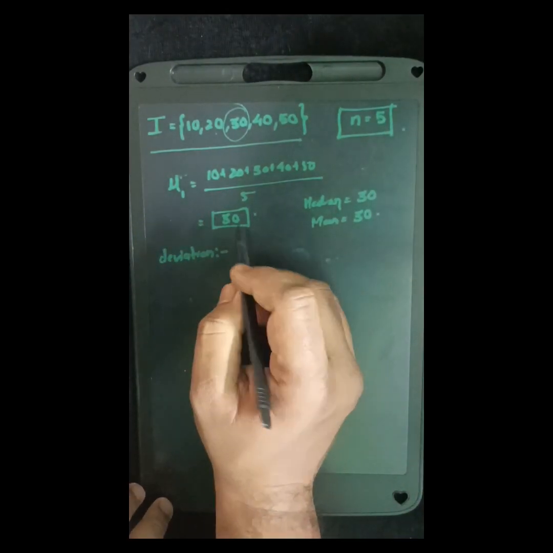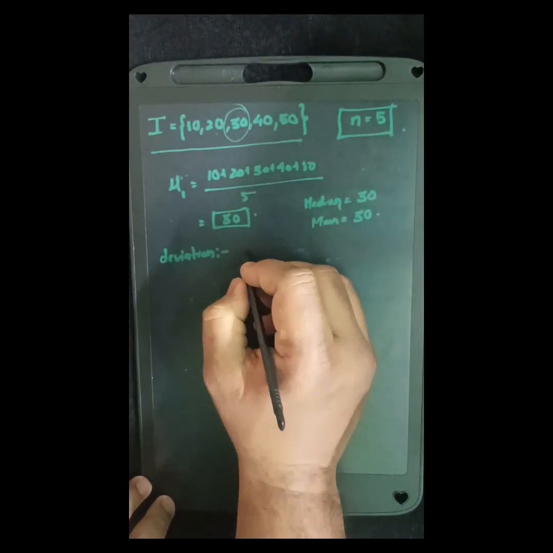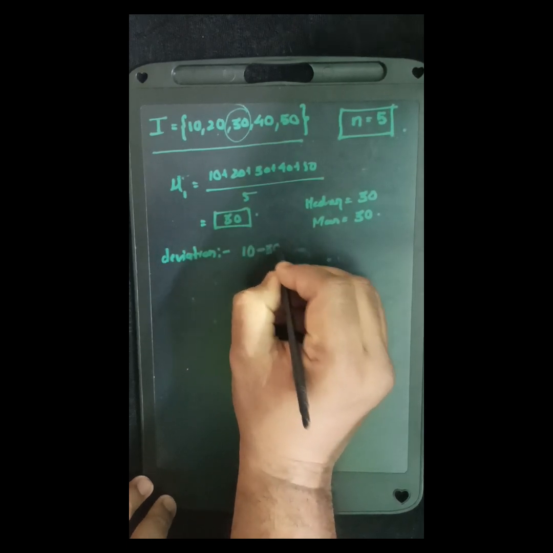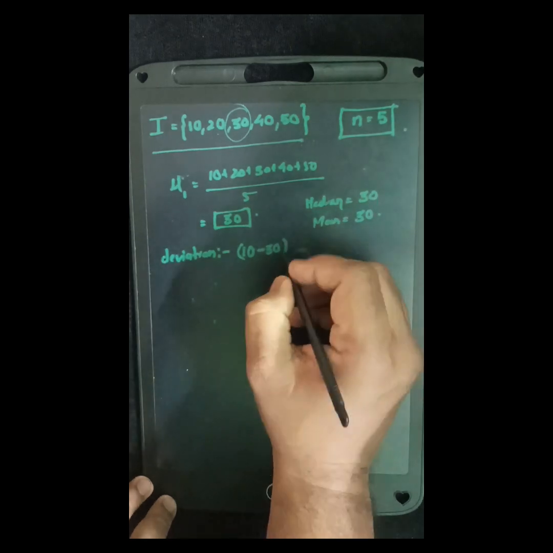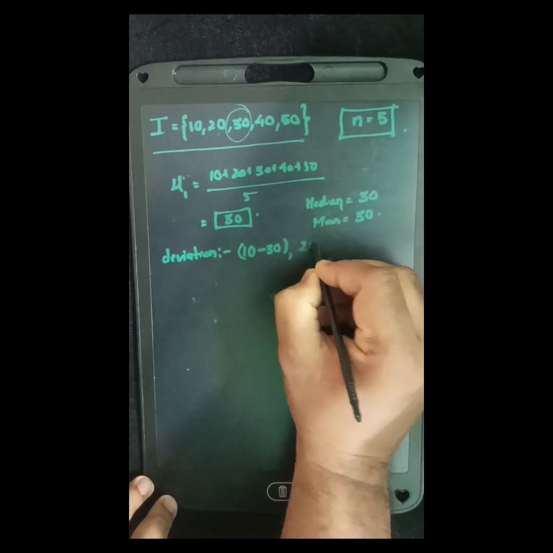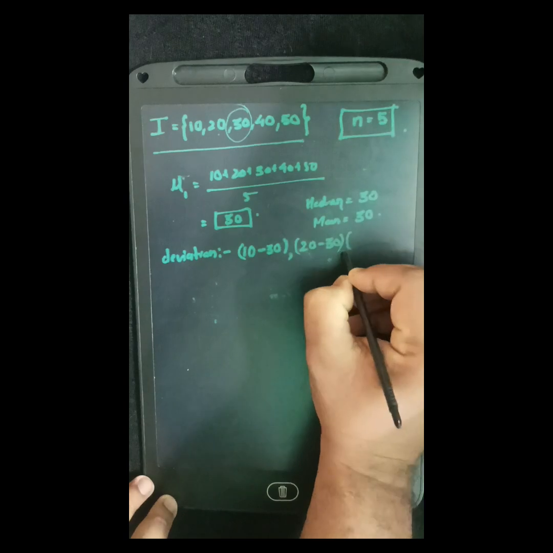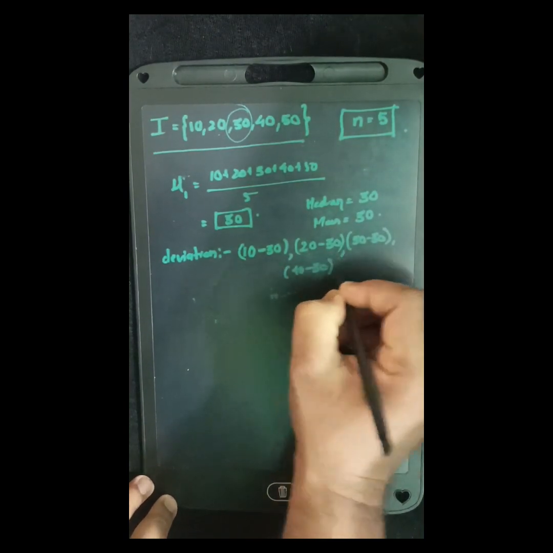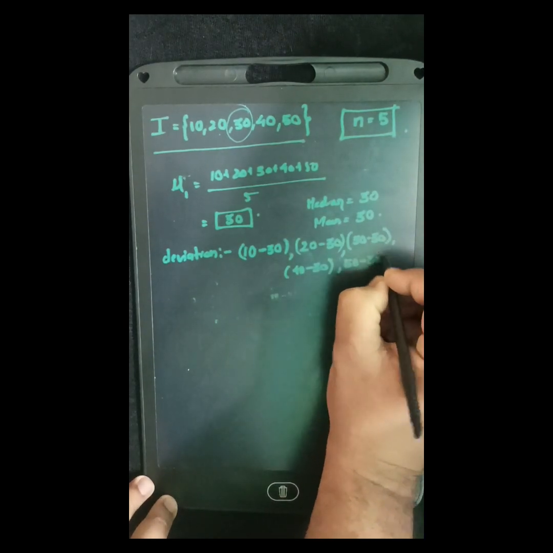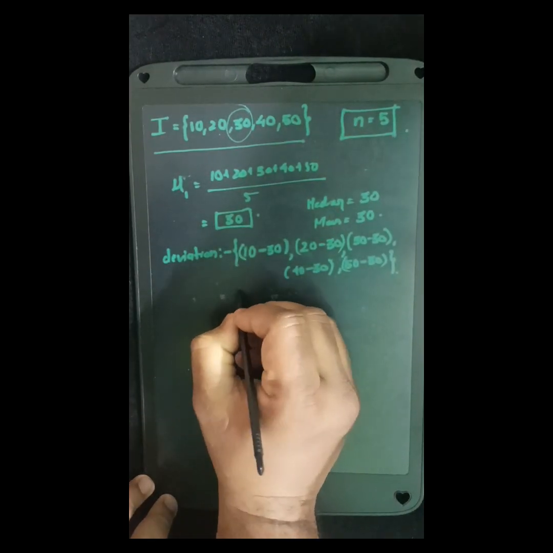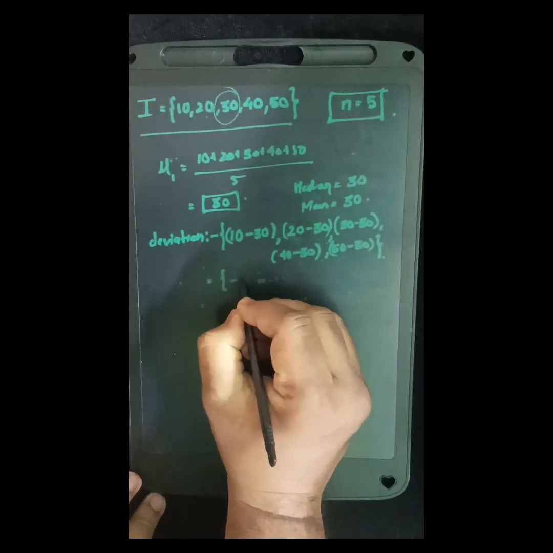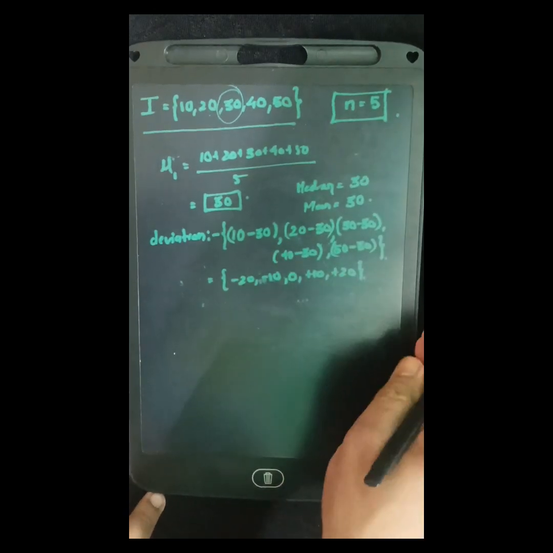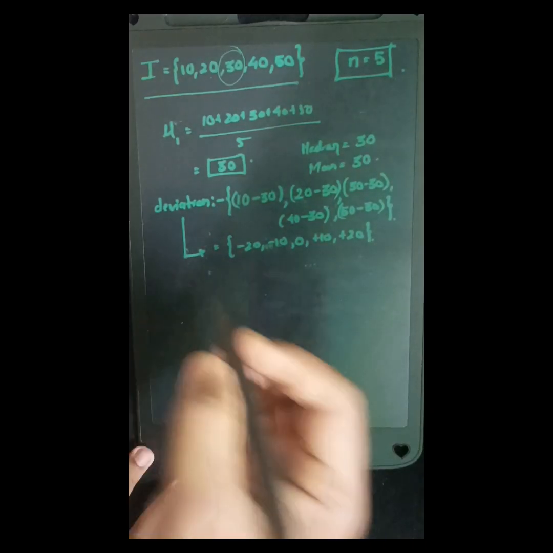So we calculate it as 10 minus 30, 20 minus 30, 30 minus 30, 40 minus 30, 50 minus 30. So the deviation also forms a data set: minus 20, minus 10, 0, plus 10, plus 20. This is the deviation data set we have now.